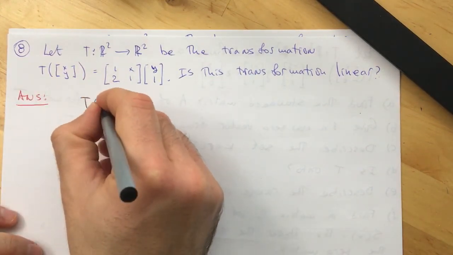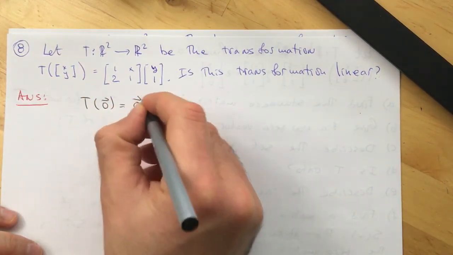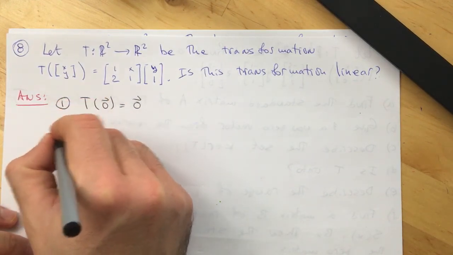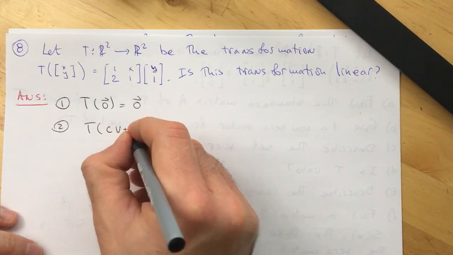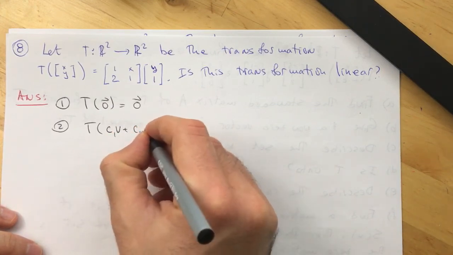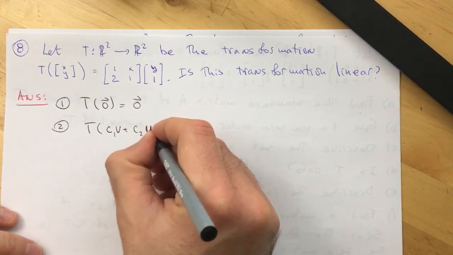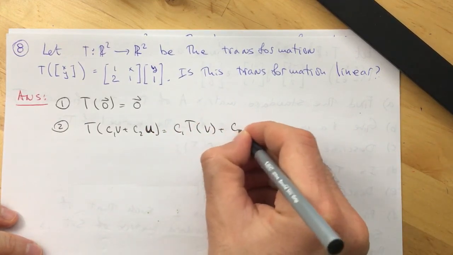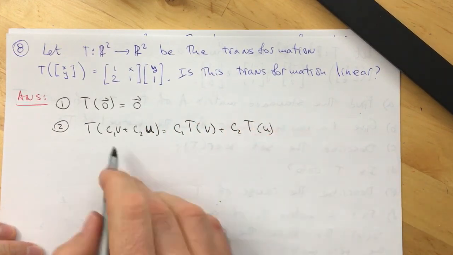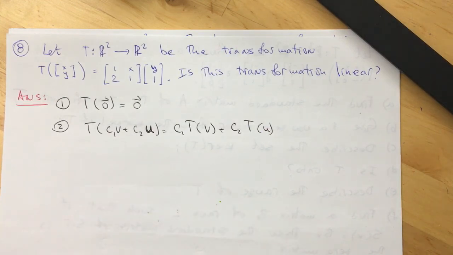One, T of the 0 vector gives you the 0 vector, and two, T of c1 times v plus c2 times u is equal to c1 T of v plus c2 T of u, so that these two conditions are satisfied.